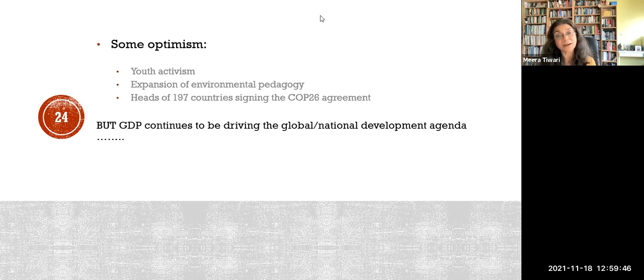But a key cause for concern, and this is also SDG target 4.7, which I mentioned in the chapter, is that GDP continues to be driving the global national development agenda. And some influential voices in academia are continuing to use GDP as the key metric that then trickles to improvement of overall human well-being.